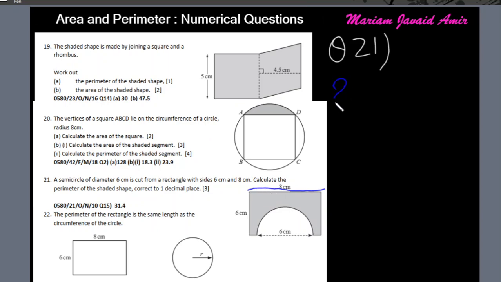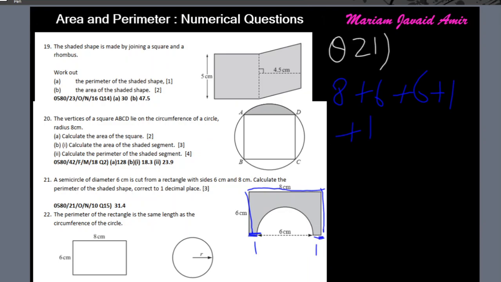So this length is 8, plus this length is 6, plus this length is also 6, plus this would be 1, because if this is 1, this is 6, then this is 1 as well. So I'll add plus 1 plus 1.